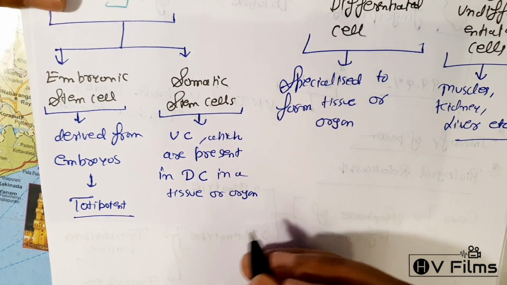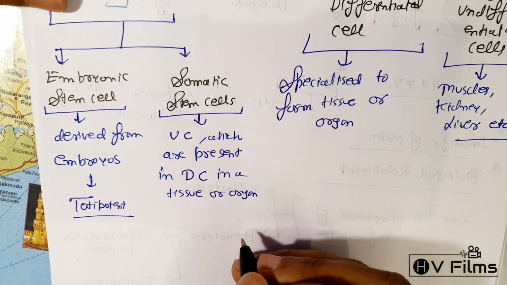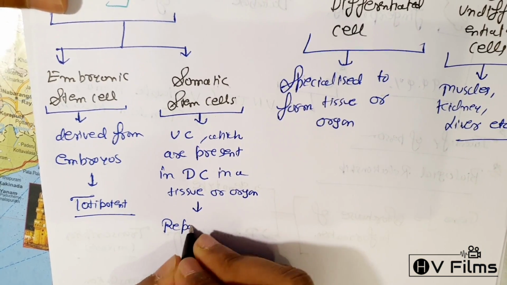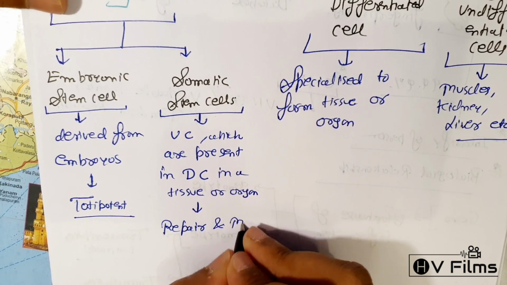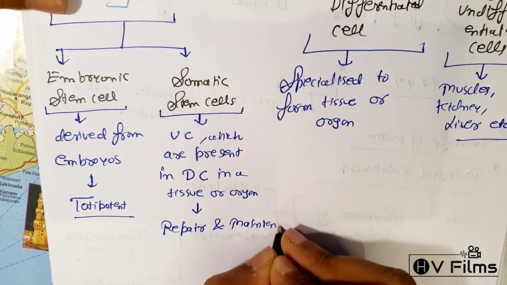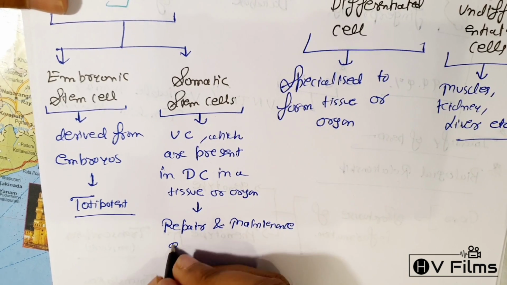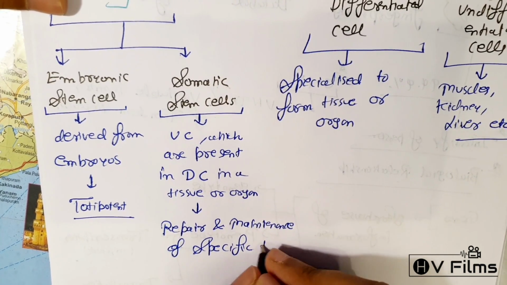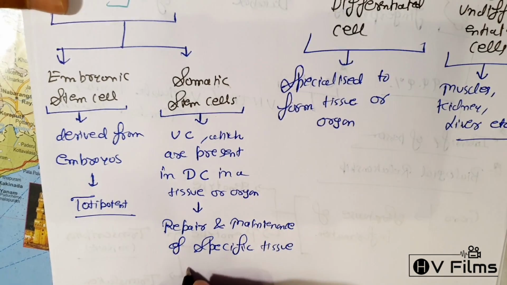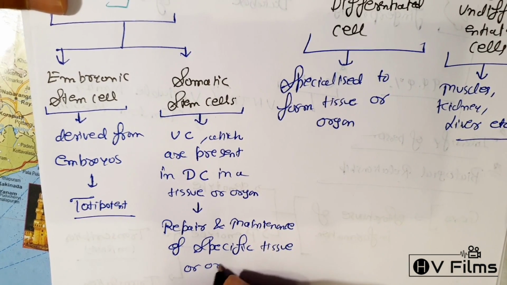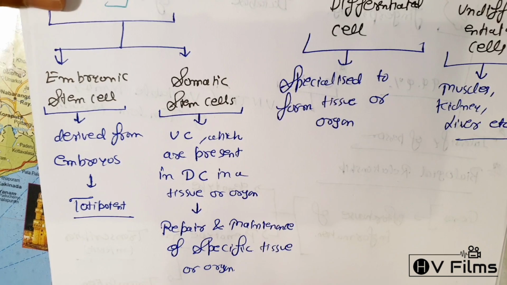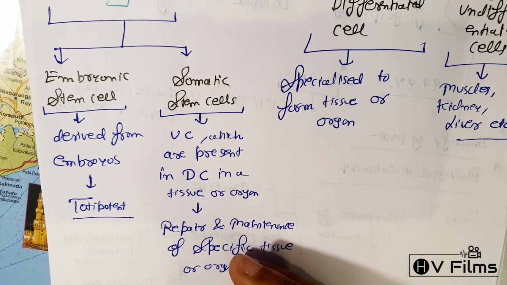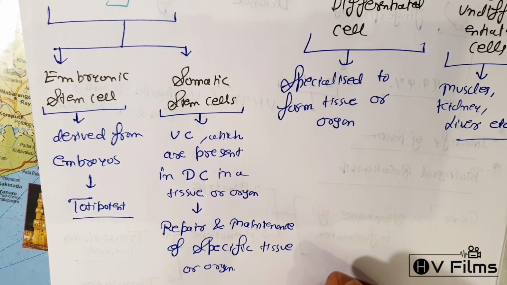And most importantly, they help in repair and maintenance of the specific tissue or organ where they are present. So this is the difference between the embryonic stem cells and the somatic stem cells.